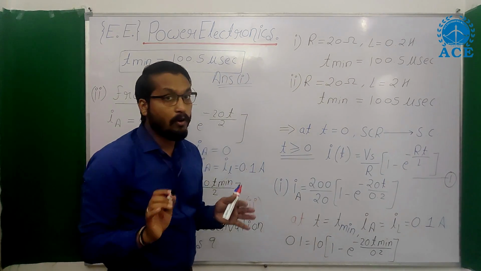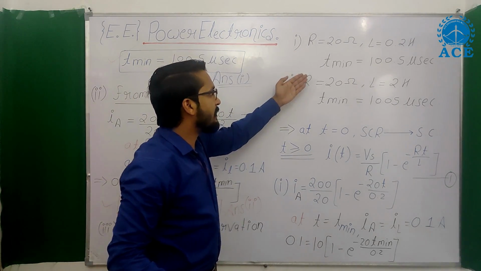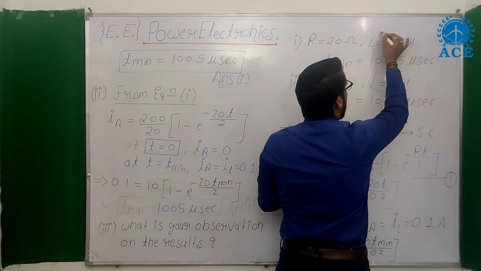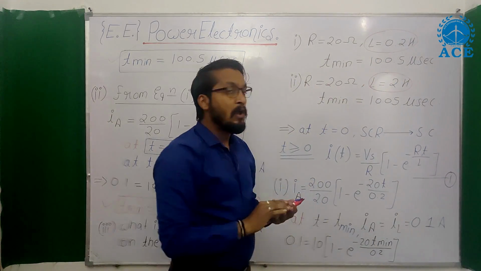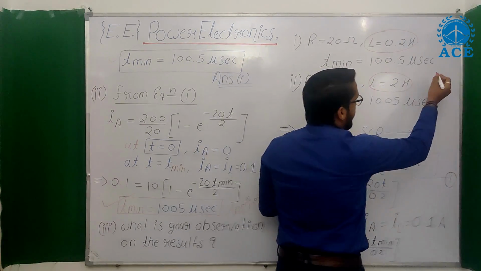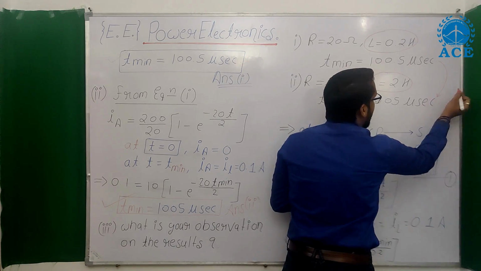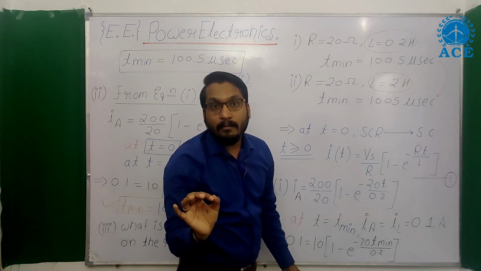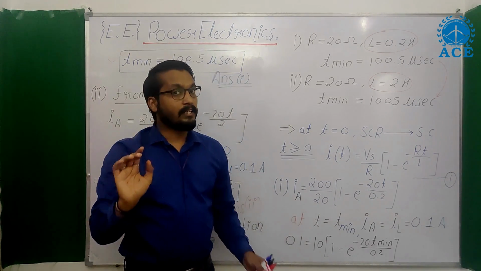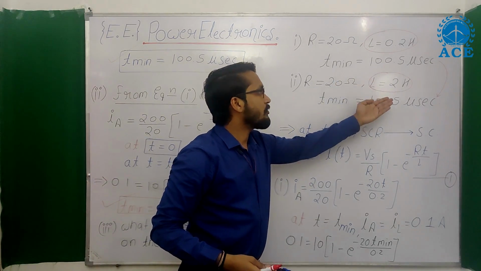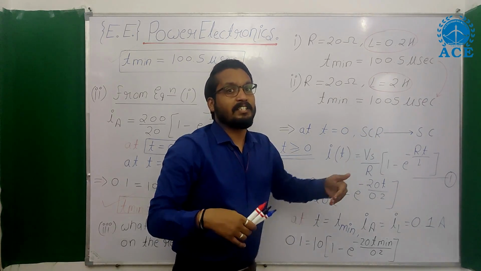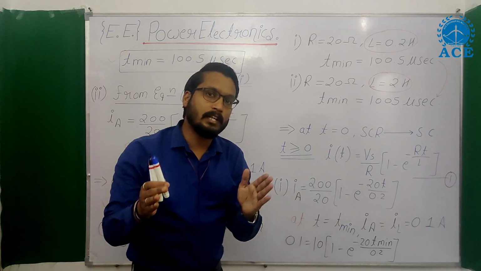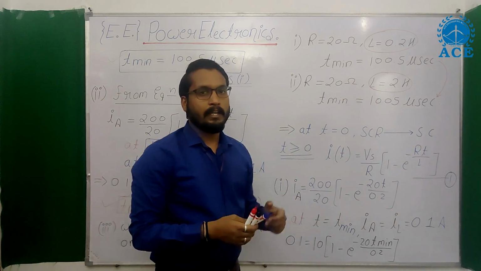Dear all, only the value of inductance differs. Because of that, the minimum gate pulse width required to turn on the SCR successfully has changed: as the inductance increased, the value of t minimum also increased.